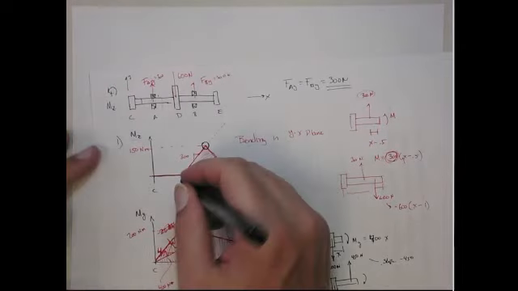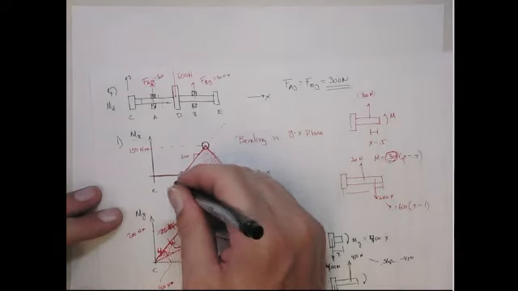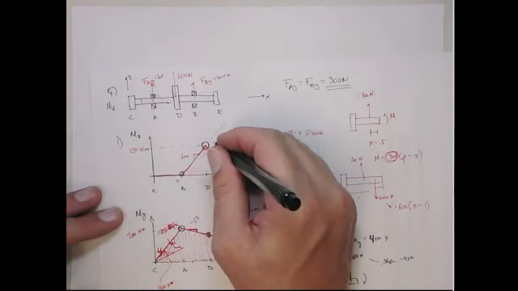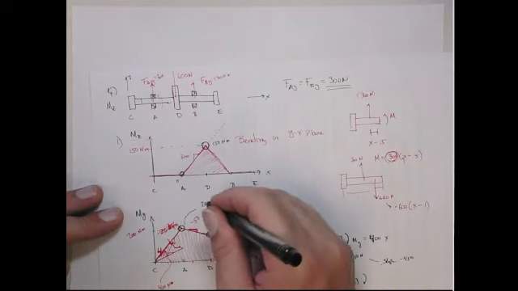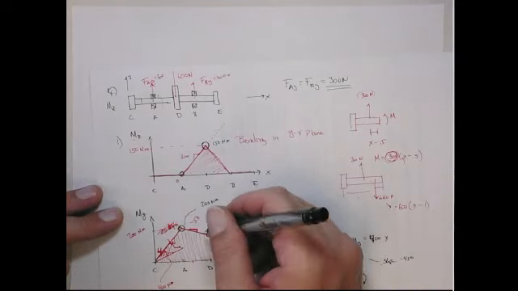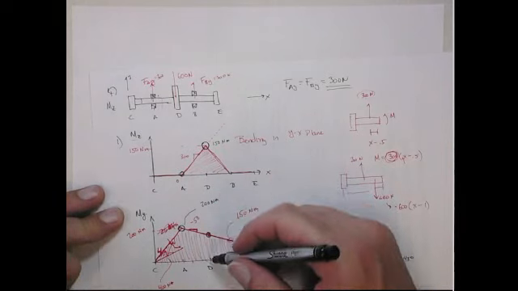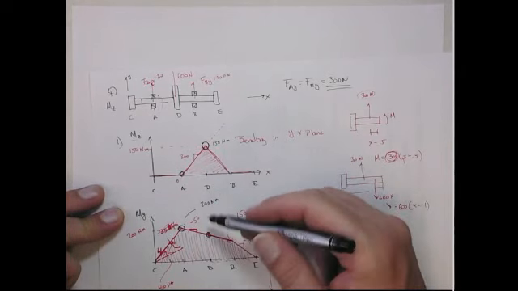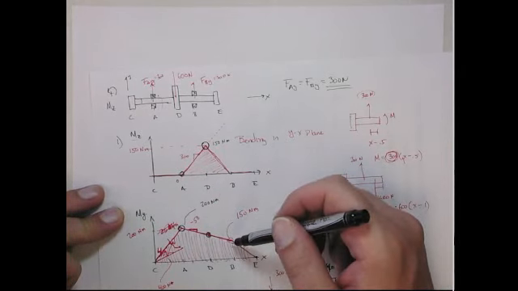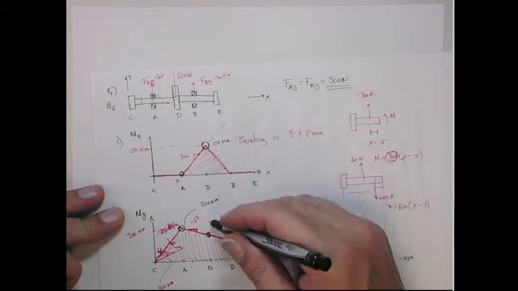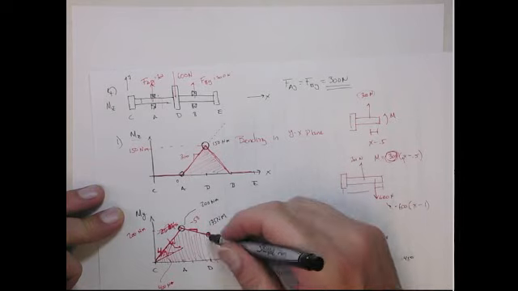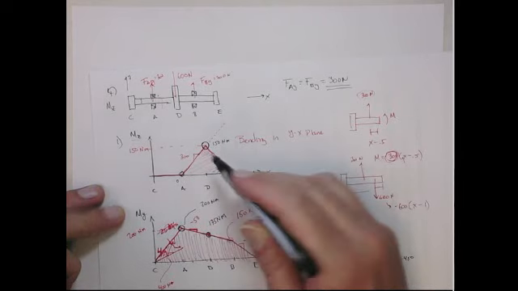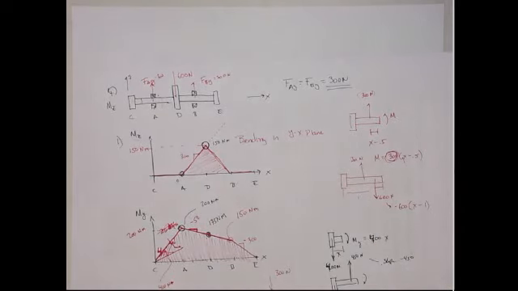Here we know it's 0, here it's 150 Newton meters, here it's 200 Newton meters, and then here at D, it's going to be 200, 150. So this is going to be 175 Newton meters. So we really need to check both of these points, okay? The combined stresses from both of those points.